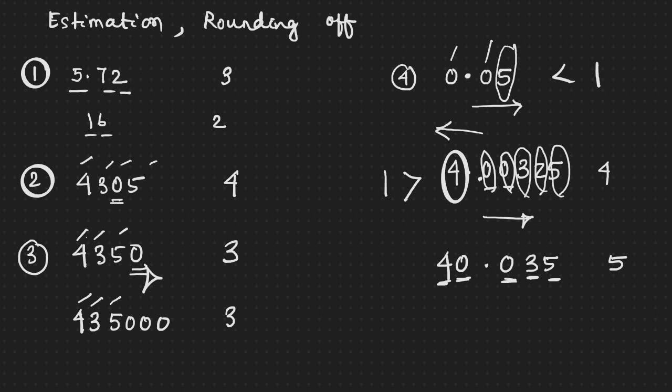If it is greater than 1, then the zero has to be taken as a significant figure. So these are the rules for finding significant figures, and we count up to 3 values. After that we round it off.